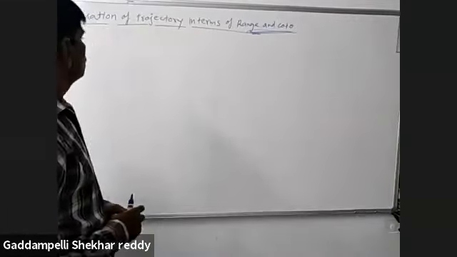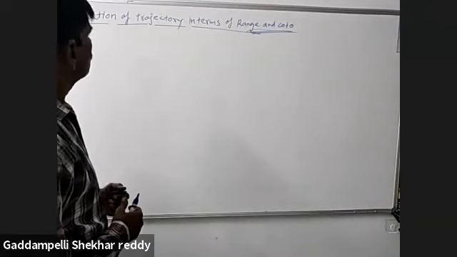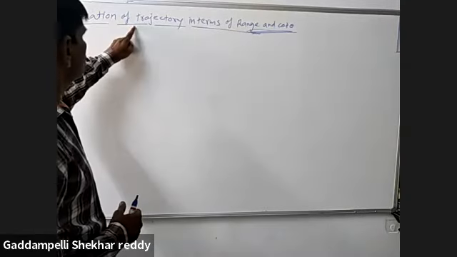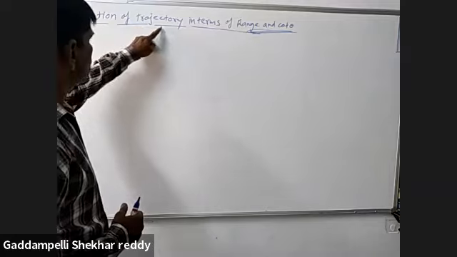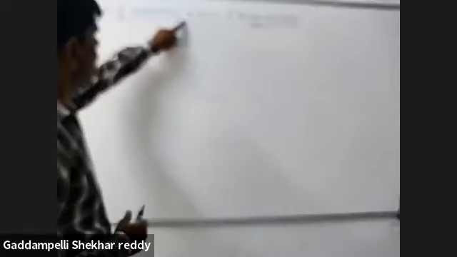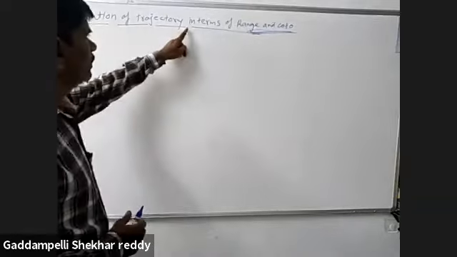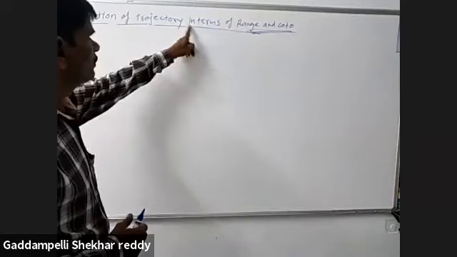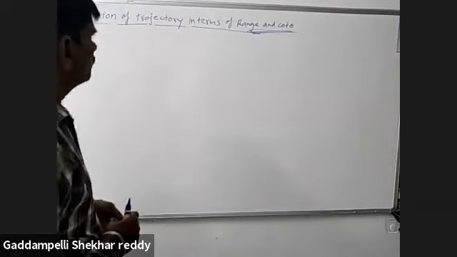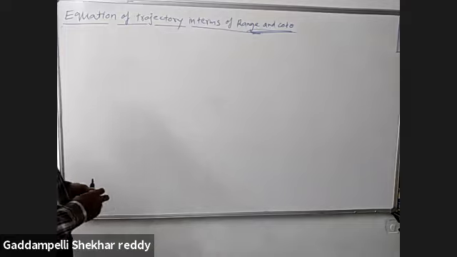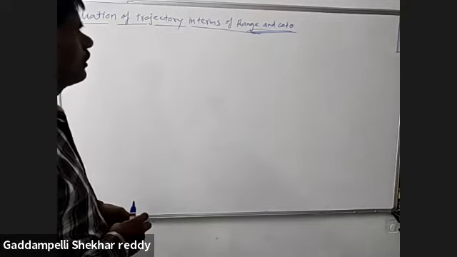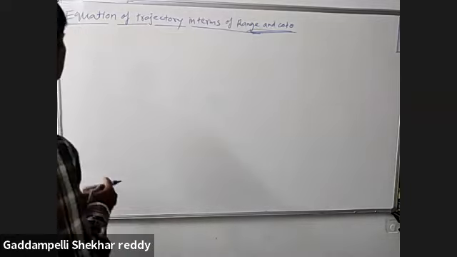If you were absent for yesterday's video, please watch it first so that you can understand this clearly. So now, the equation of trajectory in terms of range and coordinate.